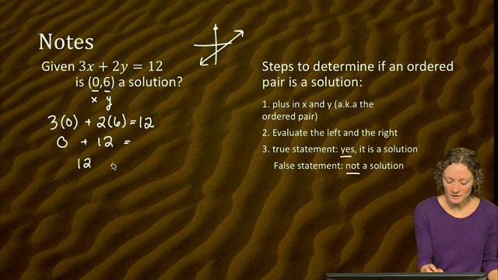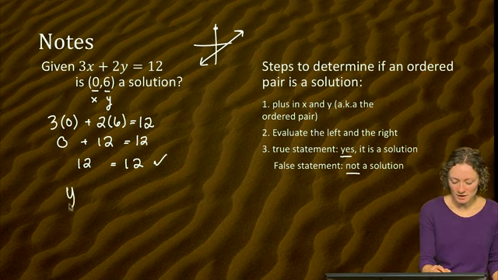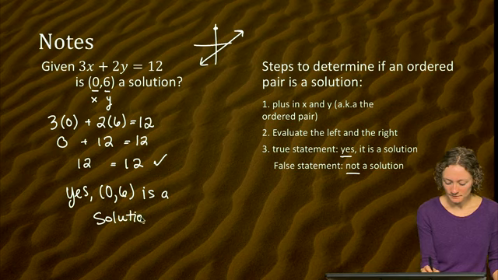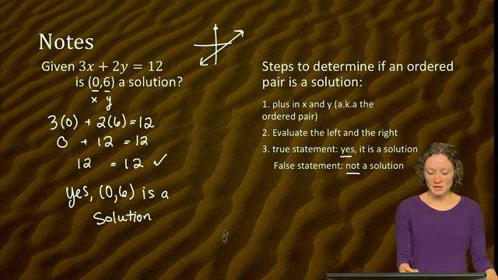Did we get a true or a false statement? 12 equals 12 is a true statement. So yes, this is a solution. Yes, 0, 6 is a solution. So obviously then this line is not what the graph would look like.